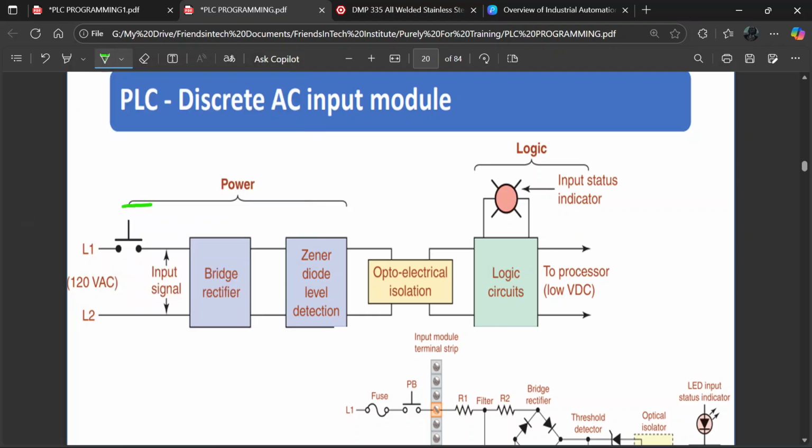What will happen is we need to rectify this 120 VAC or 230 VAC to digital voltage. Then we add a Zener diode for level detection and protection. Then we use opto-isolators. The work of the opto-isolator is to isolate the internal circuitry of the PLC from high external voltage. That's the work of the opto-isolator there.